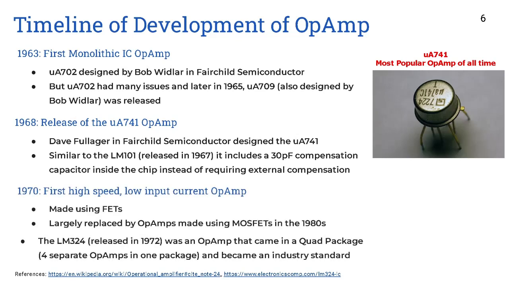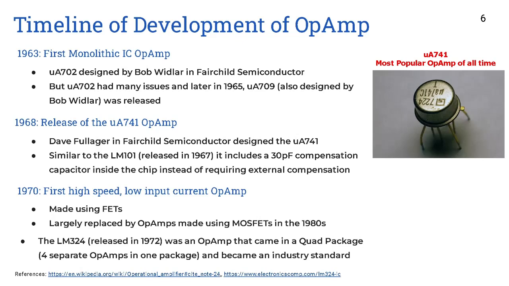So in 1970, the first high-speed, low input current op-amp was made available. This low input current was enabled using FETs, which are field effect transistors, and later in the 1980s, op-amps were majorly made using MOSFETs. They replaced FETs.